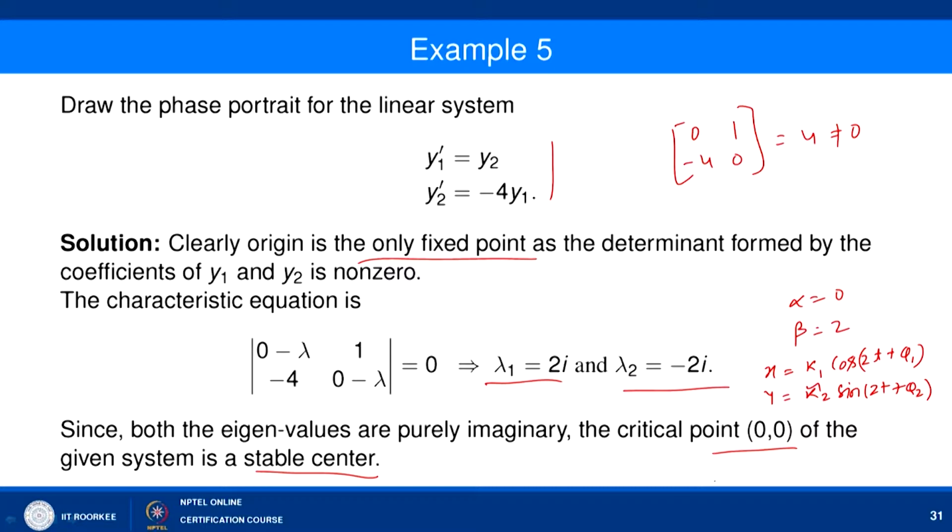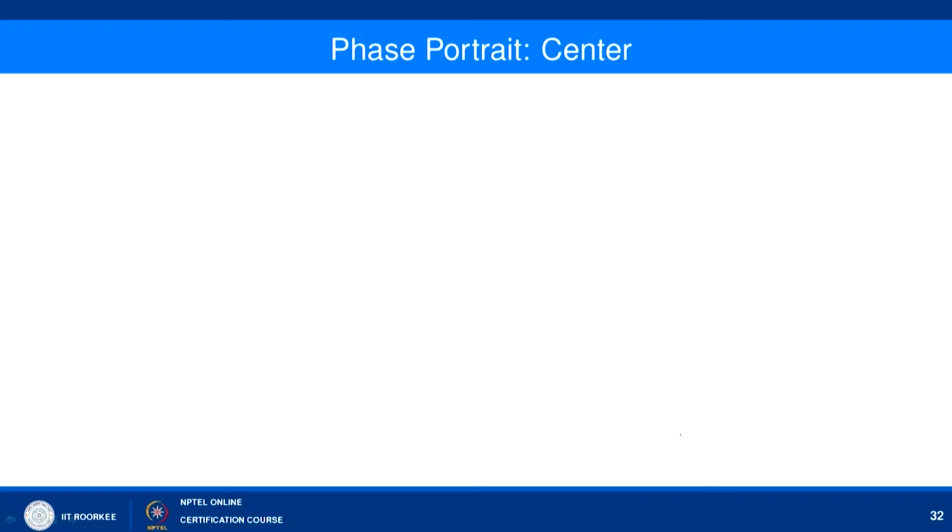So, here I can write x upon k 1 equal to cos of beta t plus phi 1, and y upon k 2 tilde equal to sin of beta t plus phi 2 here.